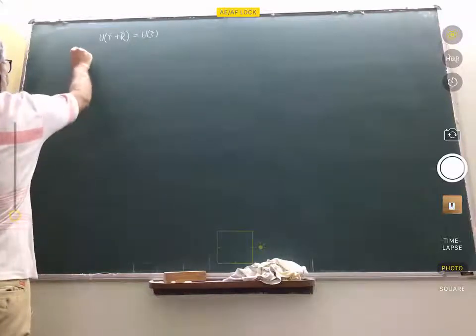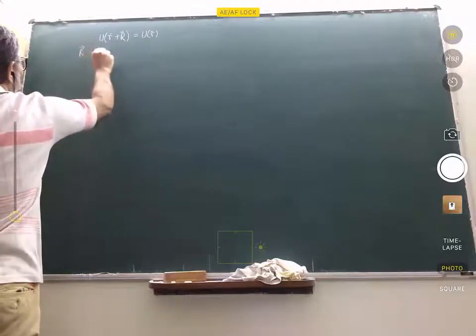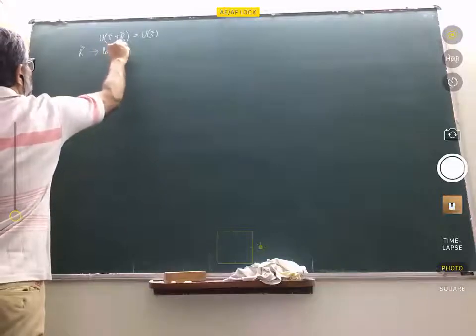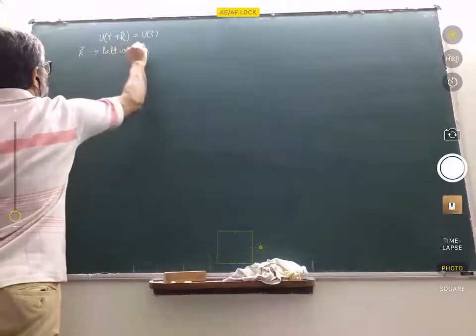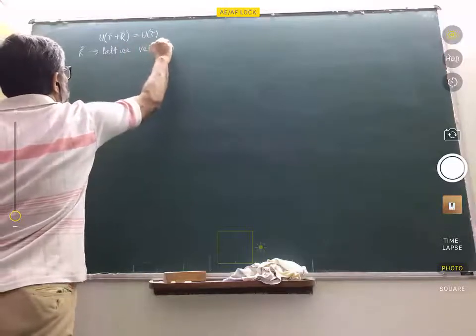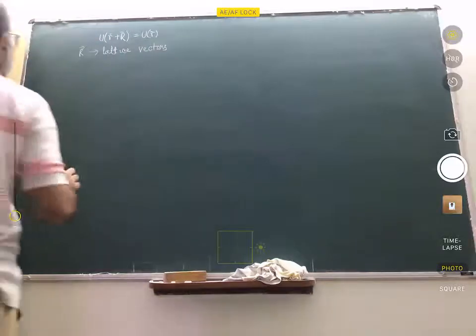So R, these capital R vectors, represent the lattice vectors. So these are these mathematical objects, the lattice vectors.